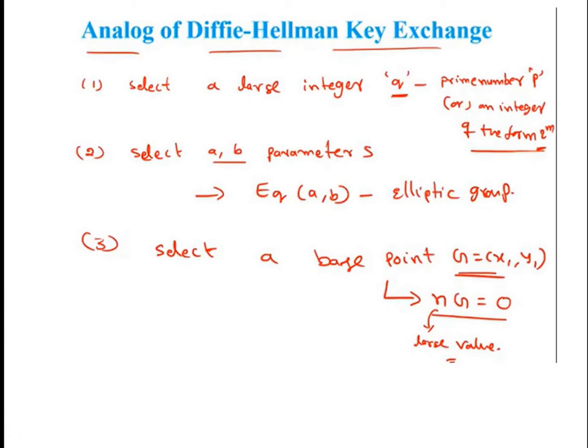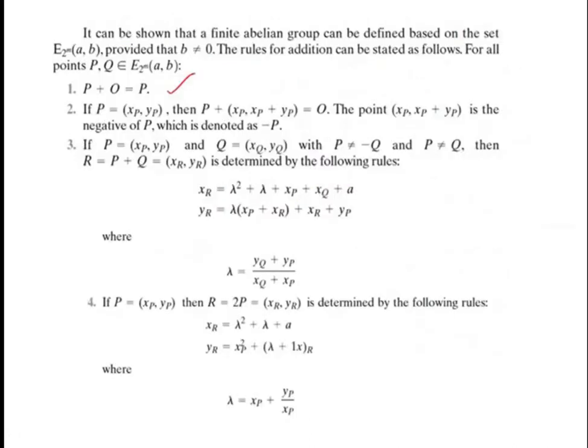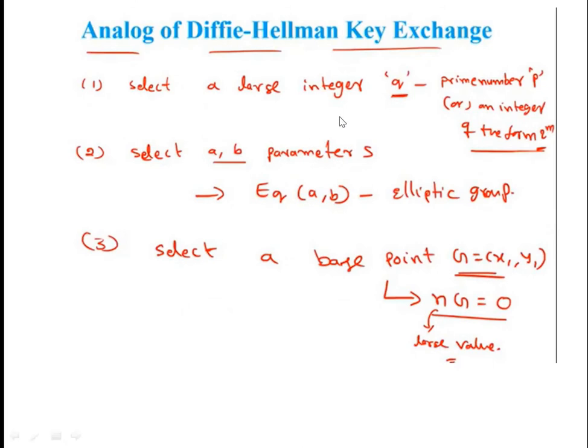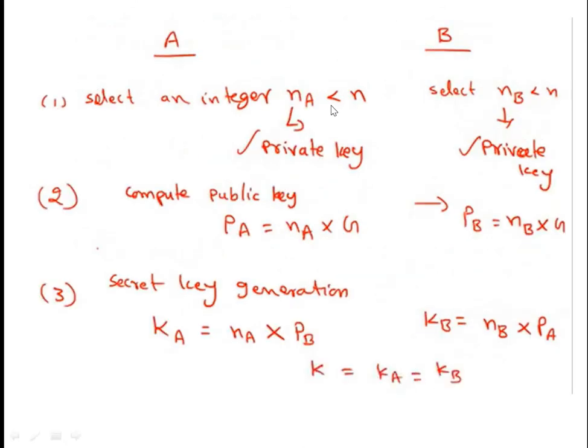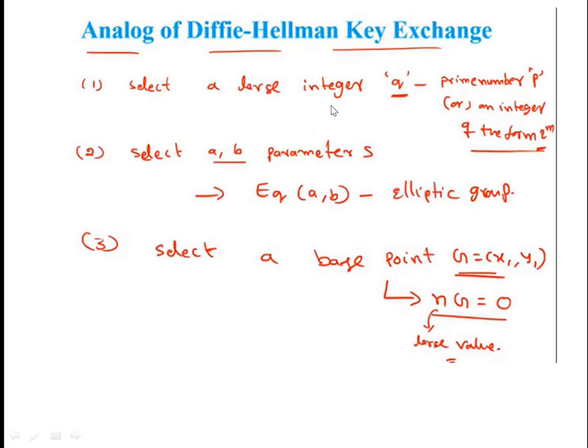We have already discussed this Diffie-Hellman algorithm in the previous classes. Now let us see how this Diffie-Hellman algorithm is used in elliptical curve cryptography. In elliptical curve cryptography also, we are using the Diffie-Hellman key exchange algorithm to exchange the secret keys.